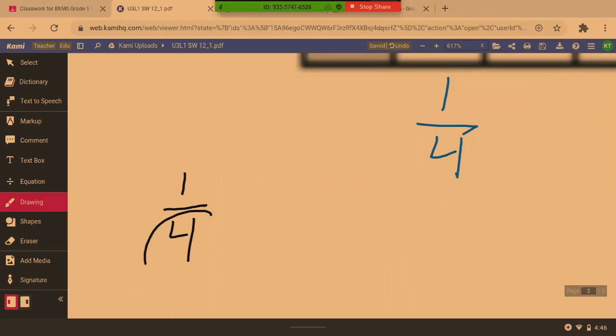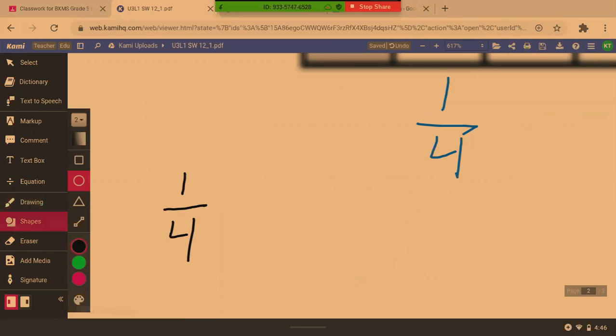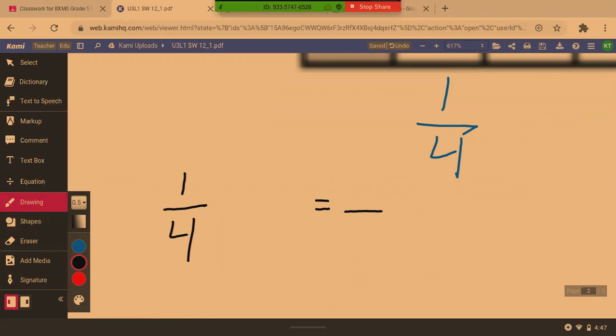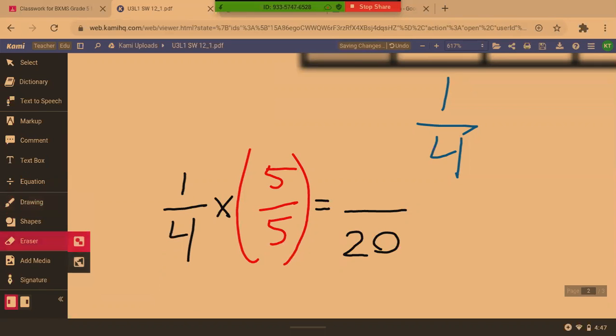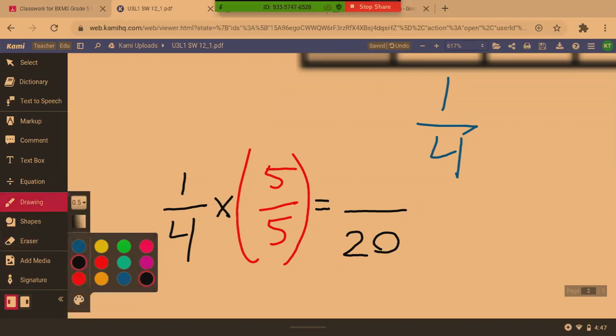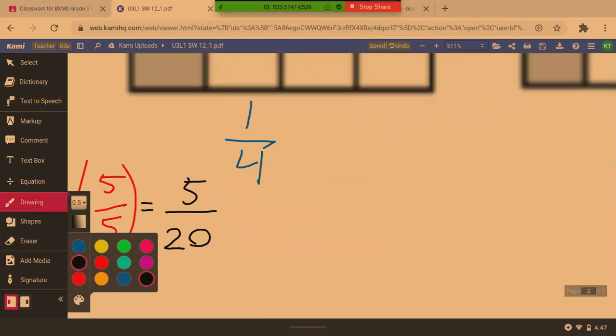What do I manipulate 1/4 by to get it to its common denominator? Remember, the common denominator is 20. So what do I multiply 4 by to get 20? It is going to be 5. So when I multiply across, 1 times 5 equals 5. 4 times 5 equals 20. Beautiful. I've manipulated it so I can have the common denominator.